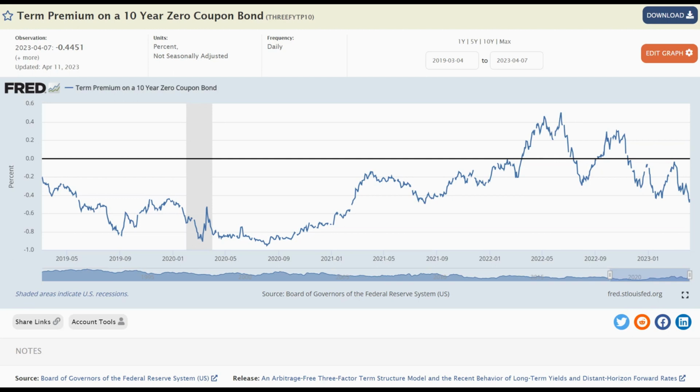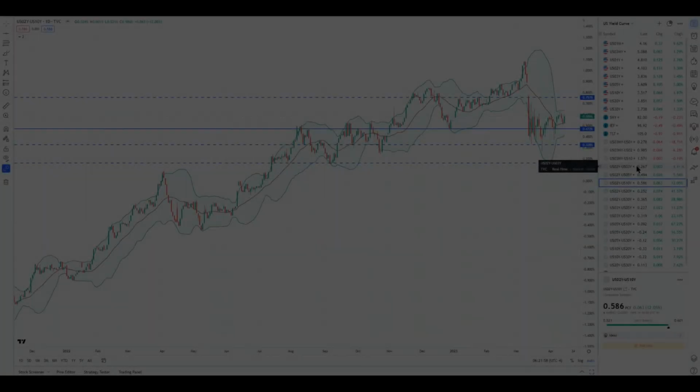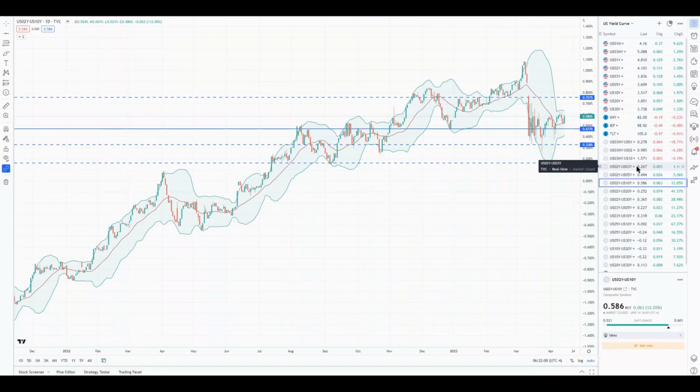And therefore, the market is betting that the Fed will hold interest rates at high levels for a shorter period of time than the current yield curve implies. So what does that imply for the yield curve? Well, it implies that the market is looking for this direction of trading, i.e. a disinversion at some stage.